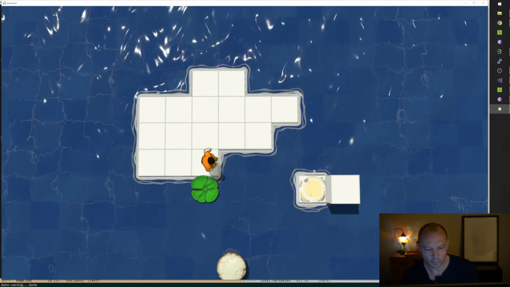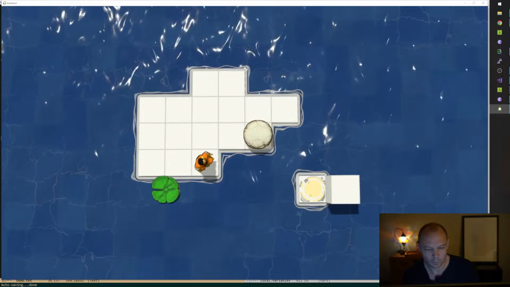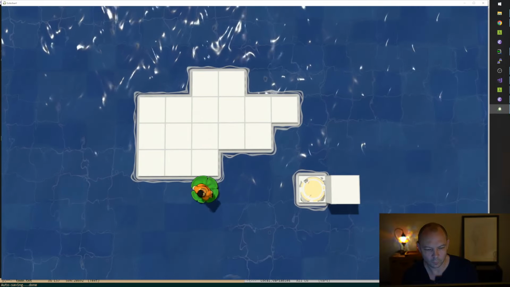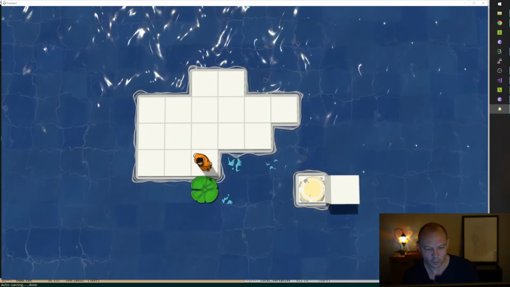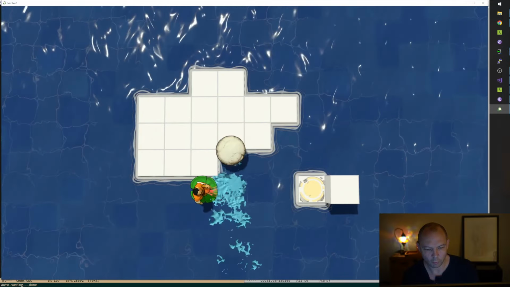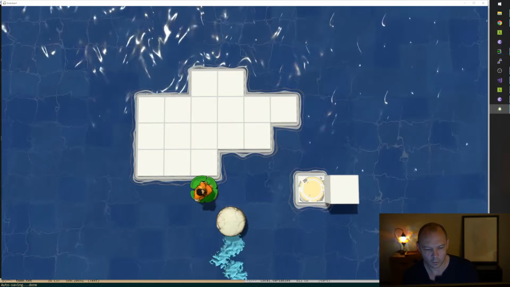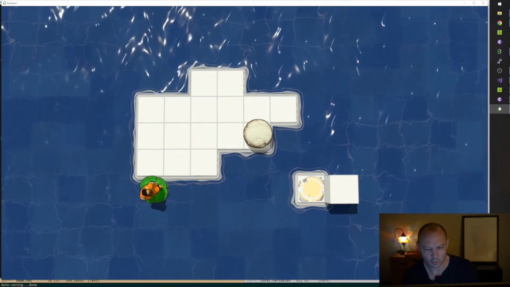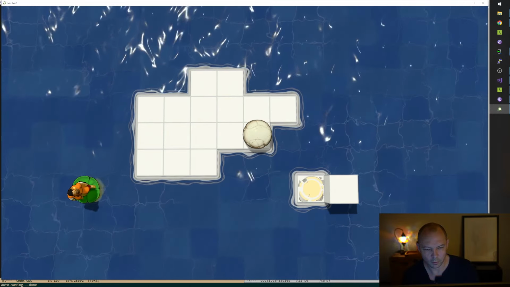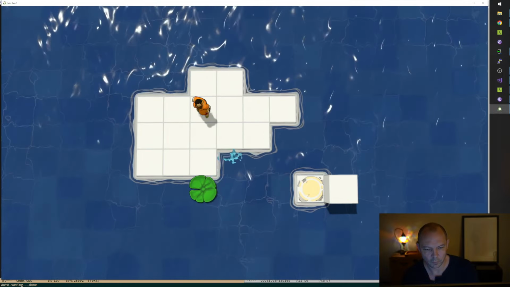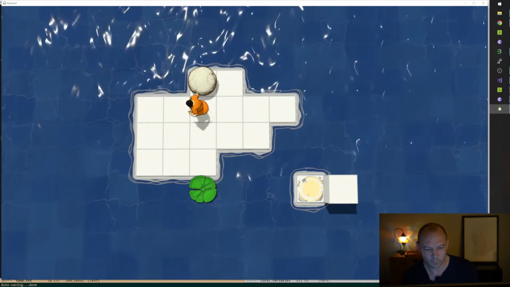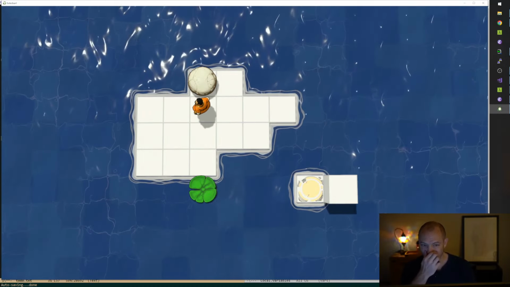Didn't get it in time. Okay, I didn't want that though. Nope. Oh no, this level's impossible. Now. Unless there's another way to do it. Okay, hang on. Maybe there's another way to do it.